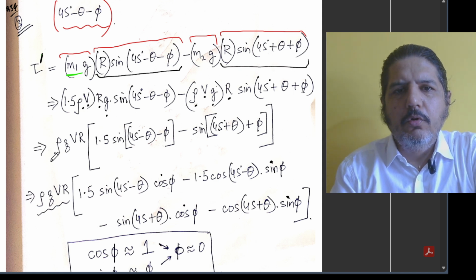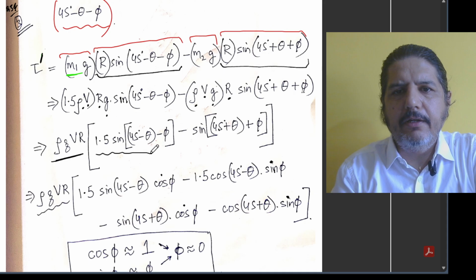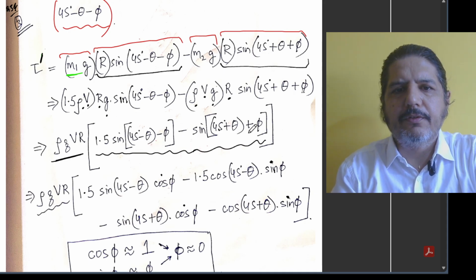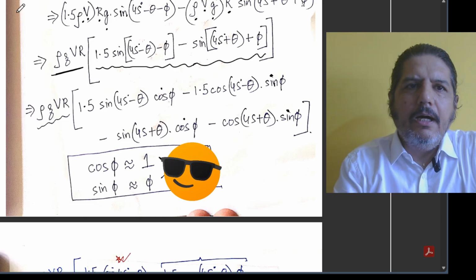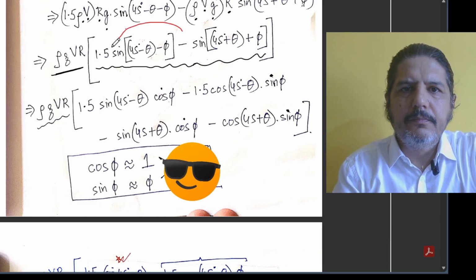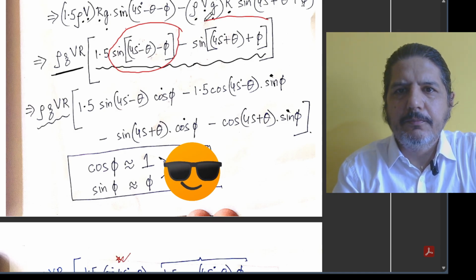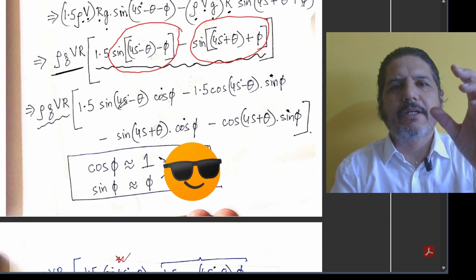So now rho G VR is common, and I have 1.5 sine, and this is the expression that I have. What I have done is expansion of this sine (45 minus theta minus phi) and expansion of this. You will have to patiently work through the expansion.